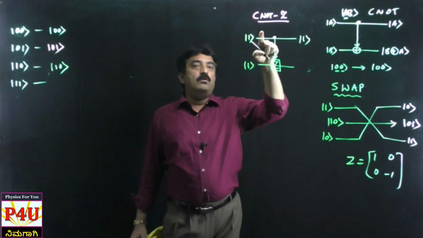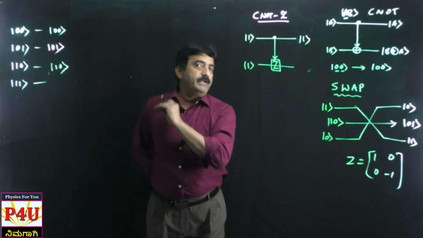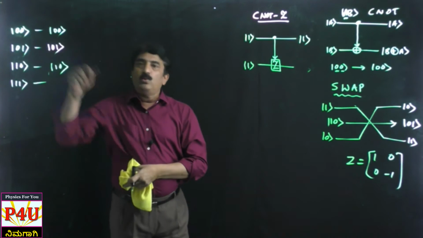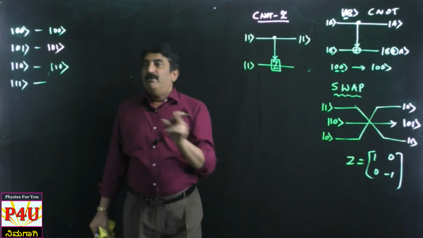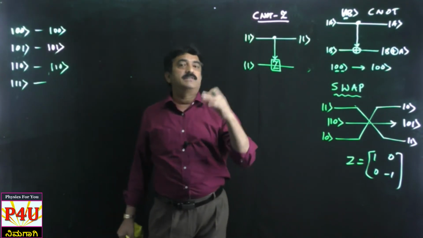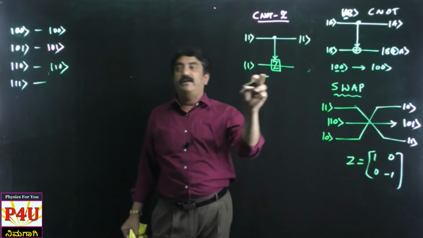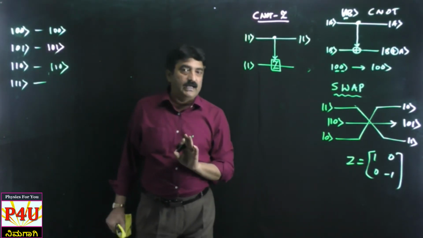Now this control 1 will certainly act on Z. Now Z, whether it permits or not. See, in the earlier two cases, control itself was not acting on Z. But in the third case, control was ready to act, but Z was not allowing because Z was in the 0 state. That's why I got back the same status.